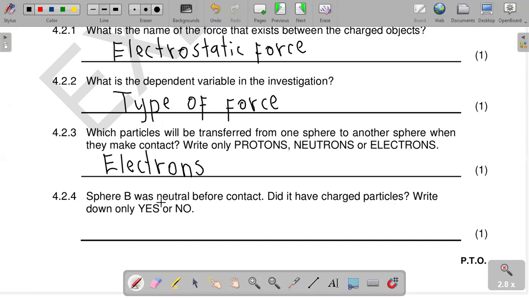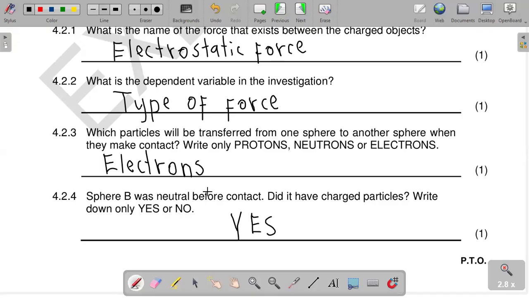Sphere B was neutral before contact. Did it have charged particles? Write down only yes or no. So it's going to be yes here. Remember what we said? An object being neutral does not mean it doesn't have charges. What it means is that it has an equal amount of protons and electrons, isn't it?